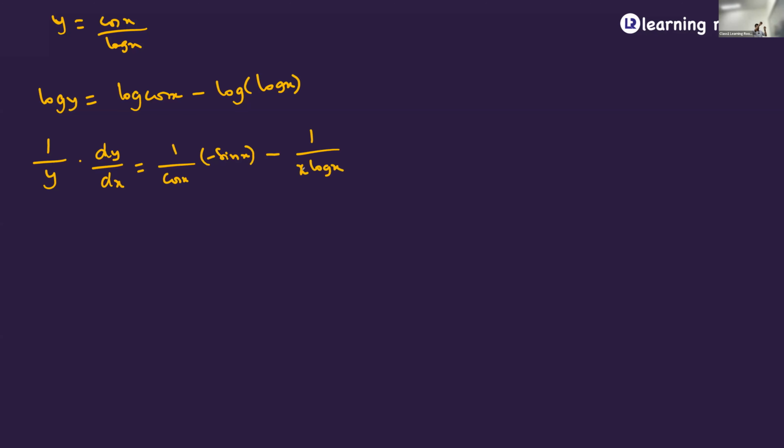Right? This is the result from the previous problem. So when you take LCM, here you have 1 by y. So y is cos x by log x, I cannot directly cancel it.